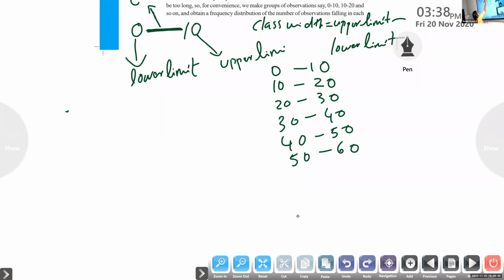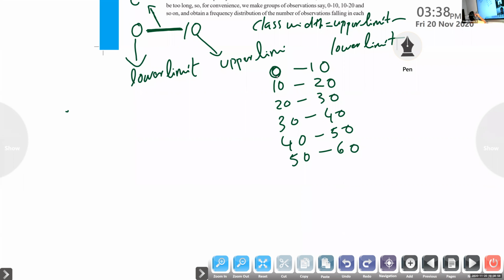So first we will divide the given marks. First find the least mark and highest mark and prepare the class width. Using that class width, we can prepare the class intervals, classes 0 to 10. Here 0 is the lower limit, 10 is the upper limit, and the difference between upper limit and lower limit gives us the class width.